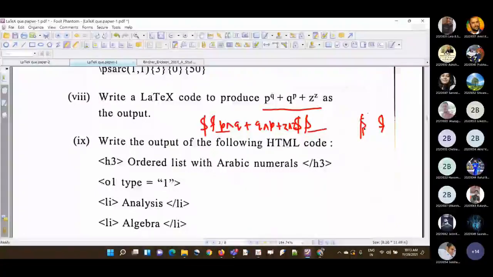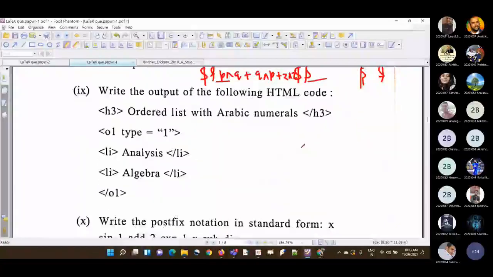You know this thing, we have discussed it in the class. OL stands for ordered list. This is for an ordered list, and then we are giving some attribute to it, type equals to 1. That is, we are just customizing the numbering we are going to get.